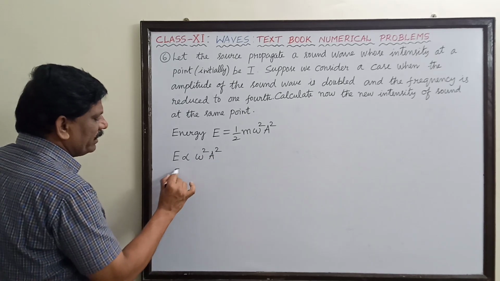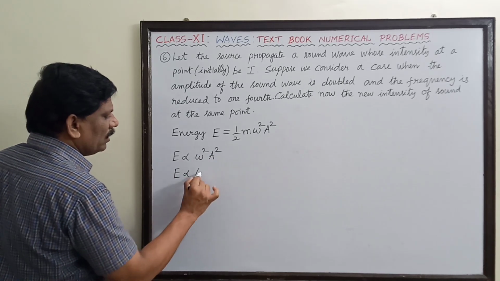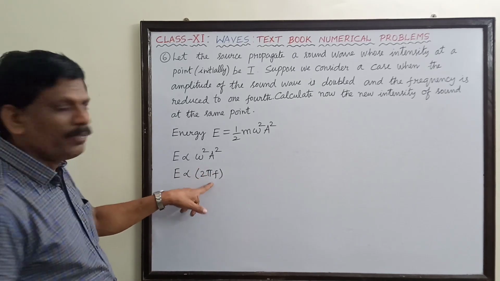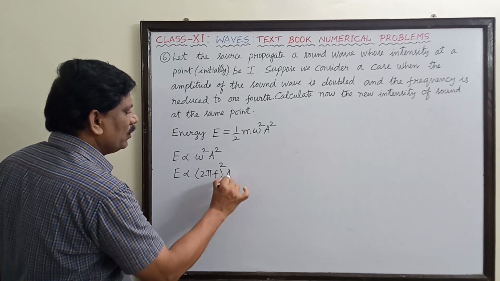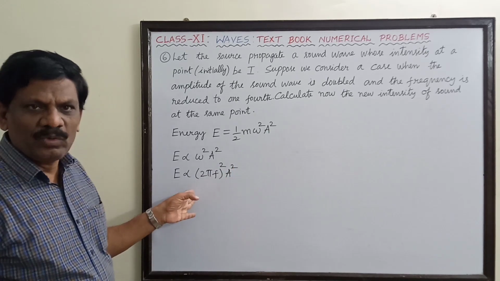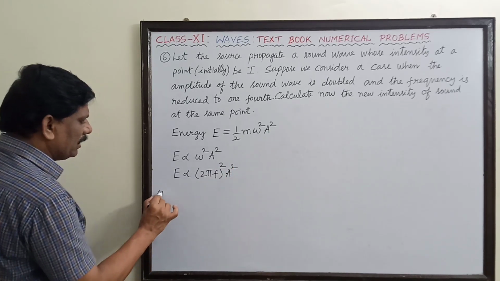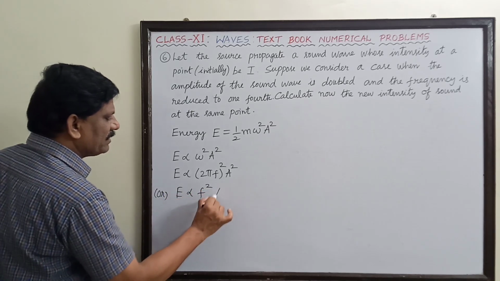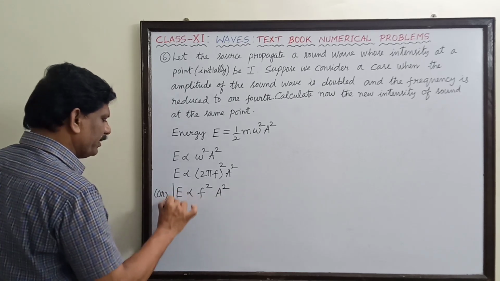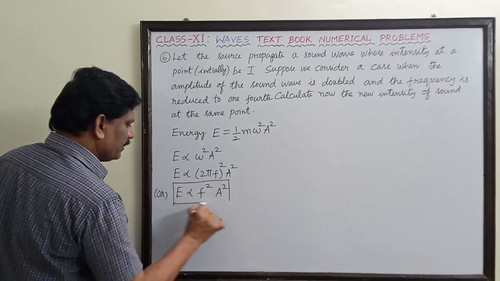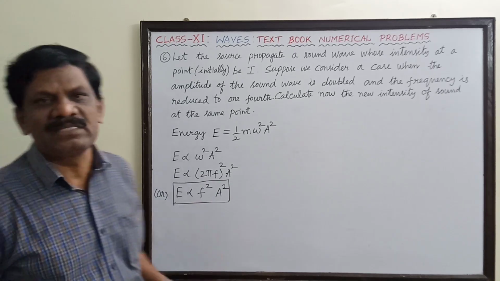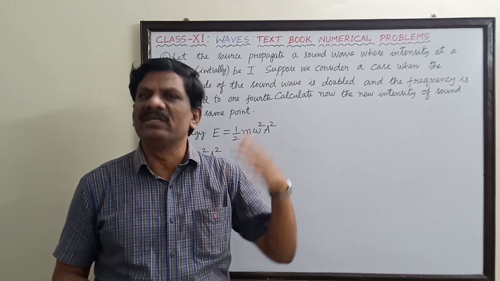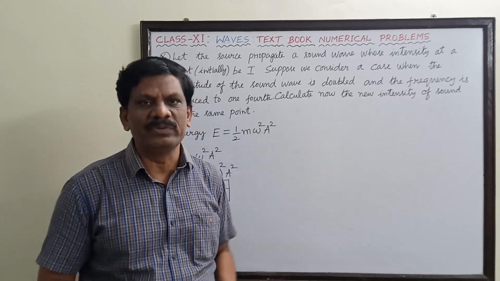So the energy is proportional to (2 pi f) whole square, since omega is equal to 2 pi f, into a square. Once again 2 pi is constant, so energy is proportional to square of the frequency into square of the amplitude. This is the first idea you must understand. There is a relationship between the energy and frequency, and the energy and the amplitude.